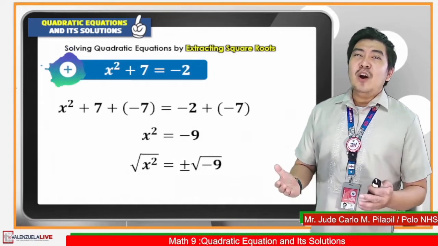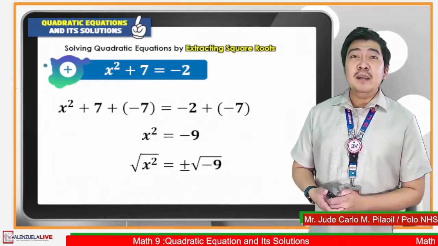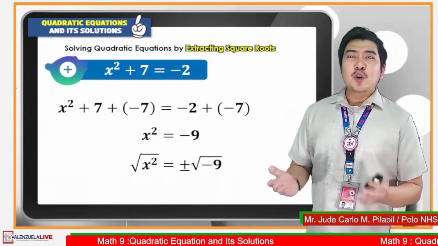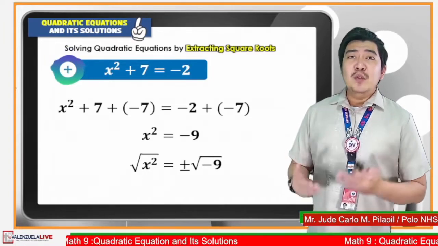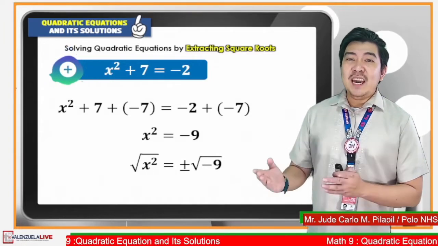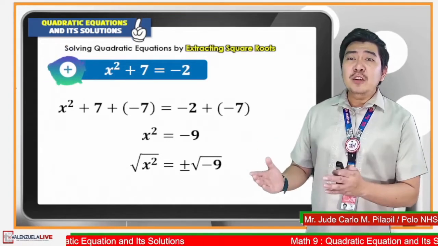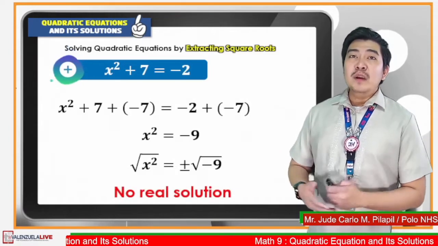Can you think of a number multiplied to itself, the product is negative 9? The answer is no. So, since no number will satisfy the given condition and following the square root property where k is a non-negative number or the value of k must be greater than or equal to 0, the answer for this one will be no real solution.